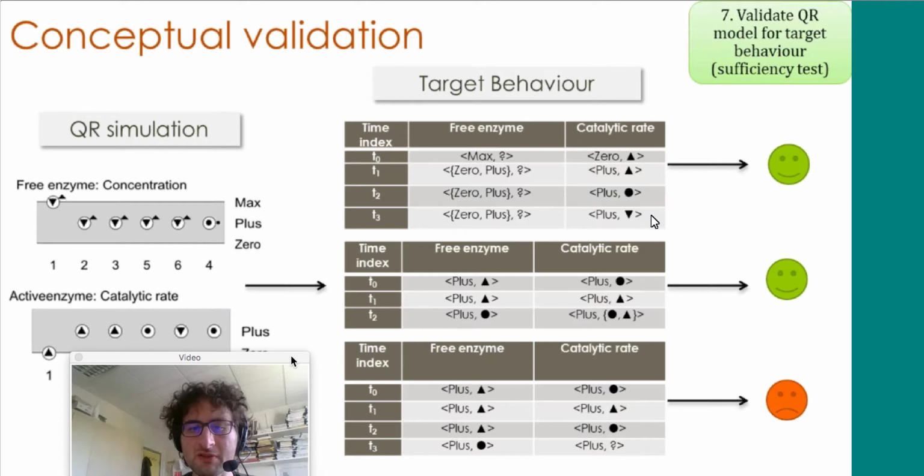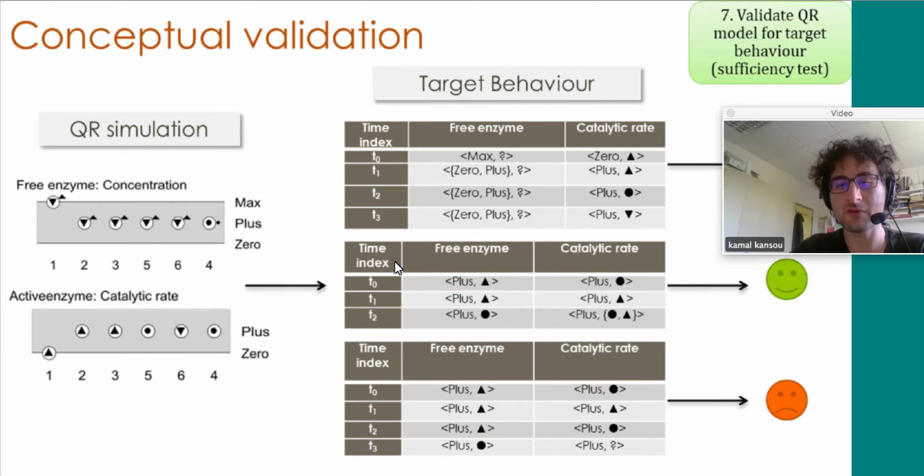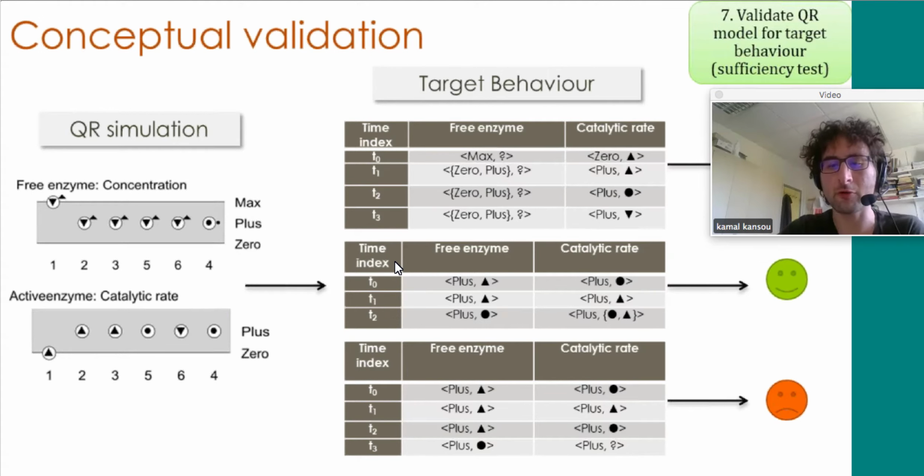This is represented in T3 here, time index T3, and you can see that the catalytic rate should decrease, which represents a slowing down of the cellulose hydrolysis. The second target behavior component is about the restart phenomenon. I've already presented that. And the third component is also a restart, but with an additional limiting process that limits the restart phenomenon.